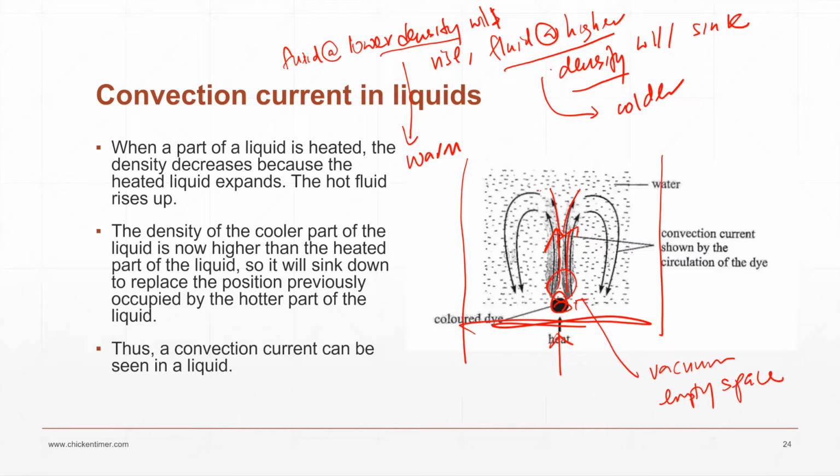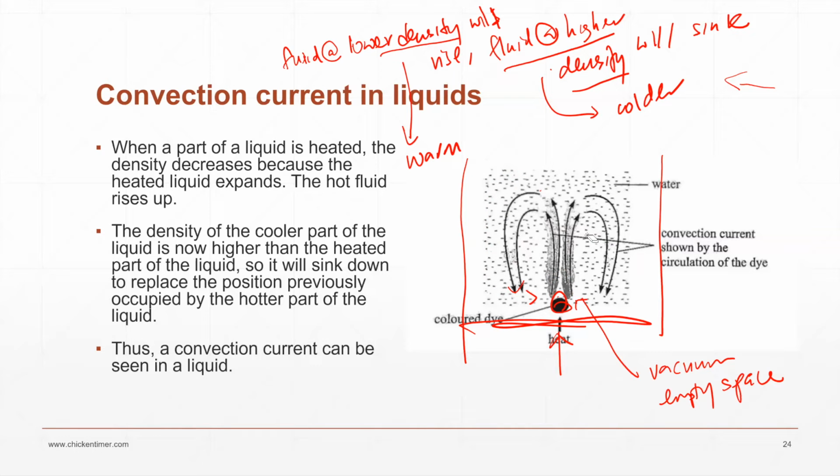So when that happens, the colder liquid from the top will sink, based on whatever we mentioned on top here. So then you will always have the current in a closed loop like that, which is what is being drawn down here in the diagram.